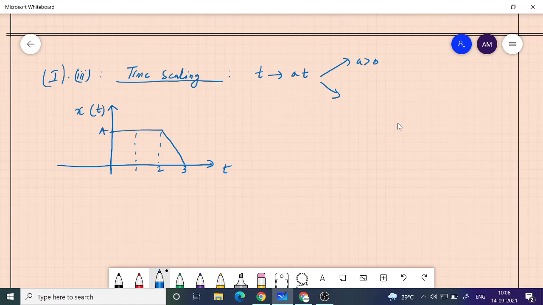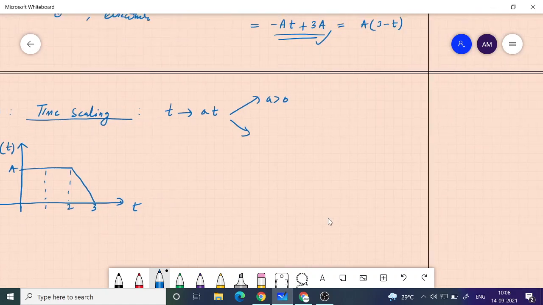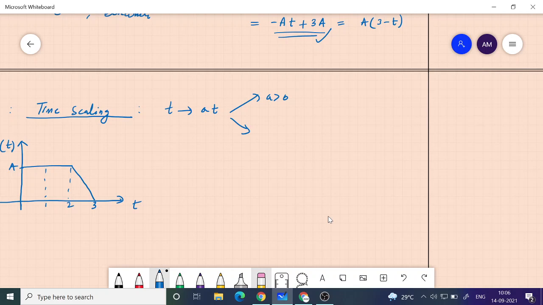If a is greater than 1, and a is always positive in this case, we have the first case, which is called compression. If a is positive but less than 1, it is time dilation.